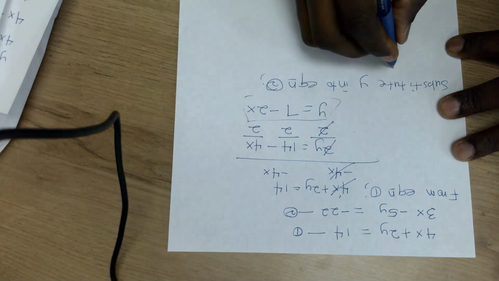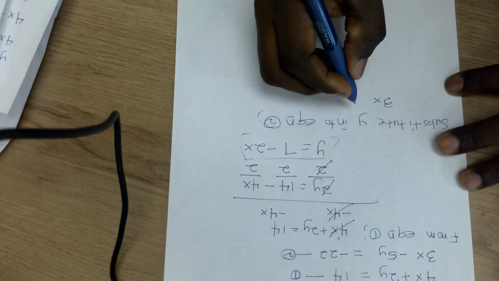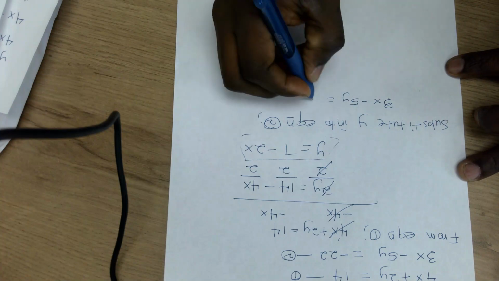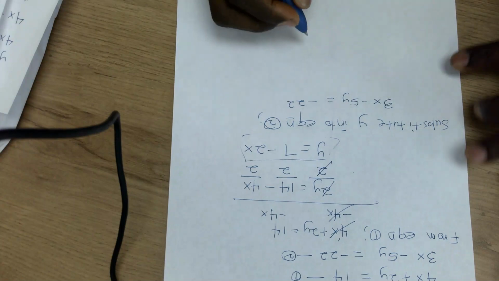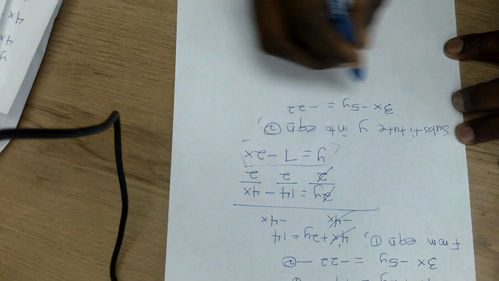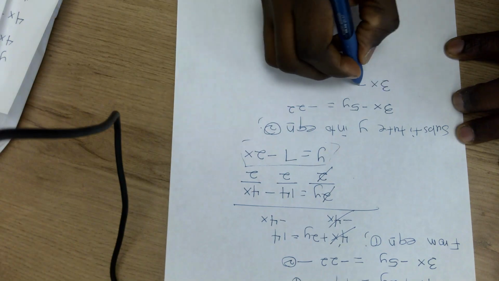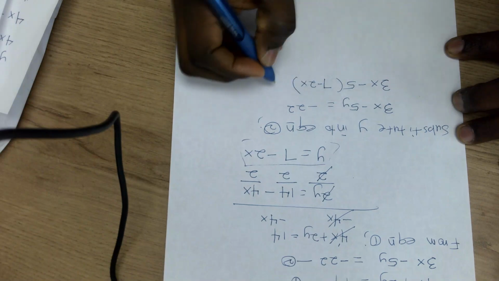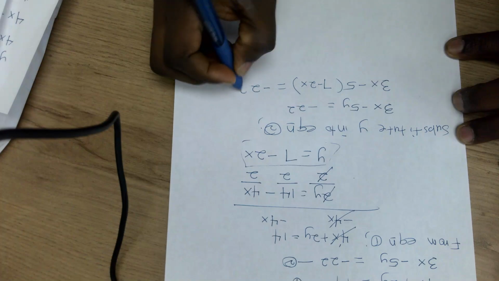And so my equation 2 is 3x minus 5y equal to negative 22. And so at this point, wherever I see y, I put 7 minus 2x. So I'll have 3x minus 5 times 7 minus 2x equal to negative 22.